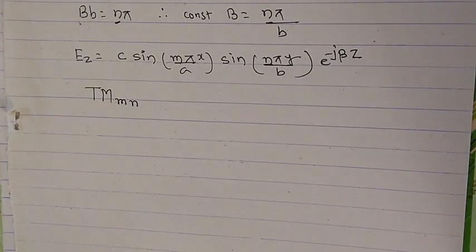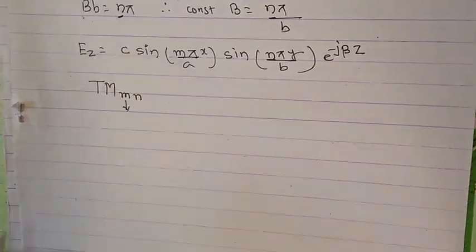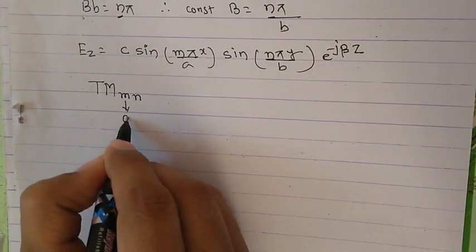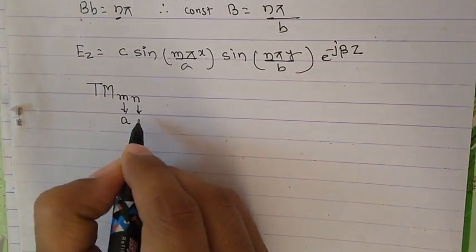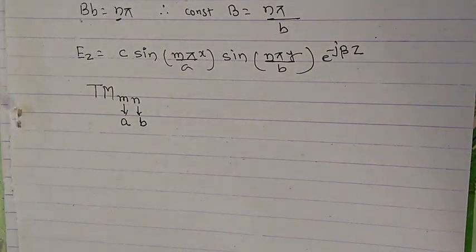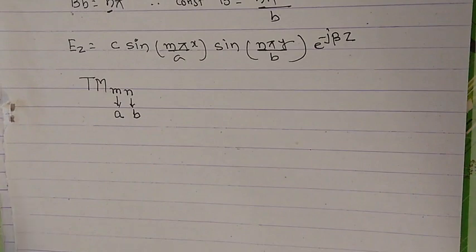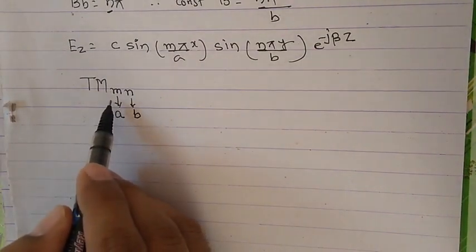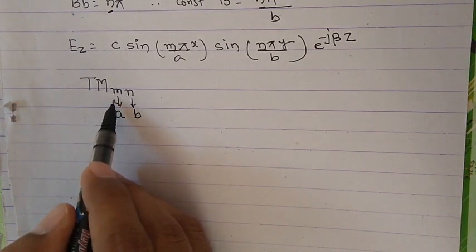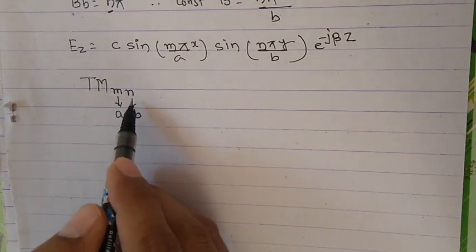So m is the index along broader dimension a, and n is the index along narrower dimension b. Basically, m indicates the field variation along the broader dimension of a waveguide, and n indicates the field variation along the narrower dimension of the waveguide.